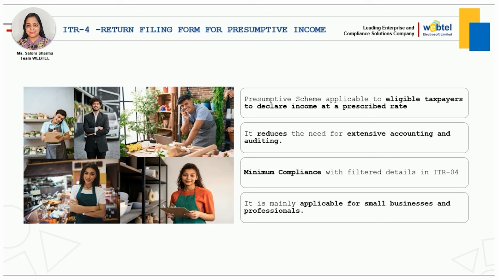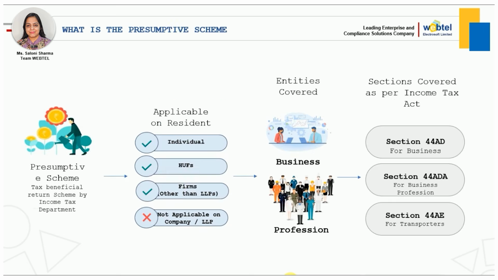Suppose your income is limited by the specific rules and you have not maintained accounts and not done bookkeeping under a business or profession. The Income Tax Department has designed ITR 4 for you. This form allows taxpayers to file their returns with minimum details and minimum compliances, and it is mainly applicable for small businesses and professionals.